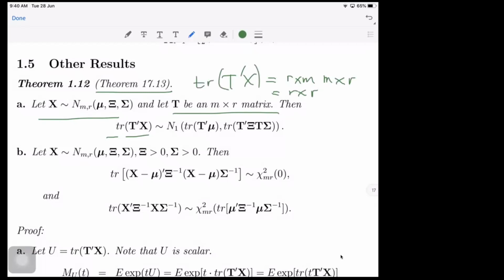Get the trace of this, trace of an R by R matrix. So it becomes a singleton or scalar, 1 by 1.